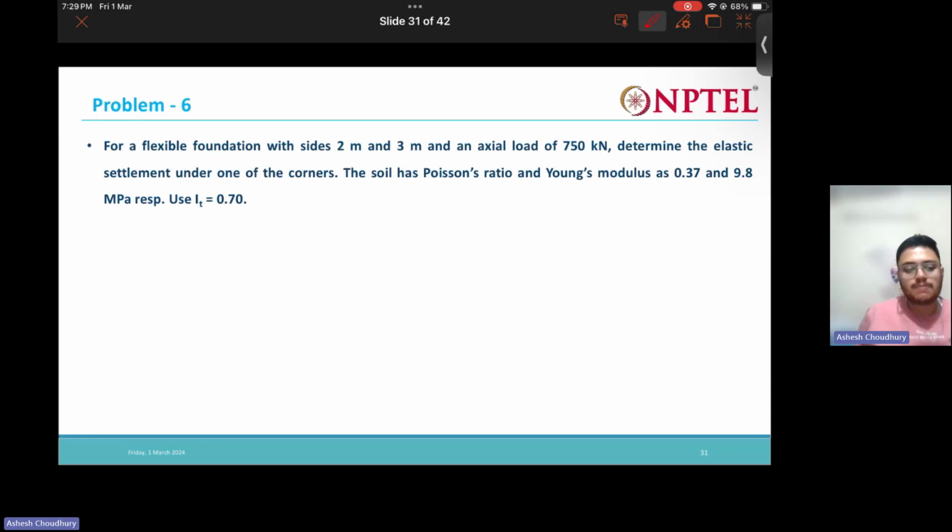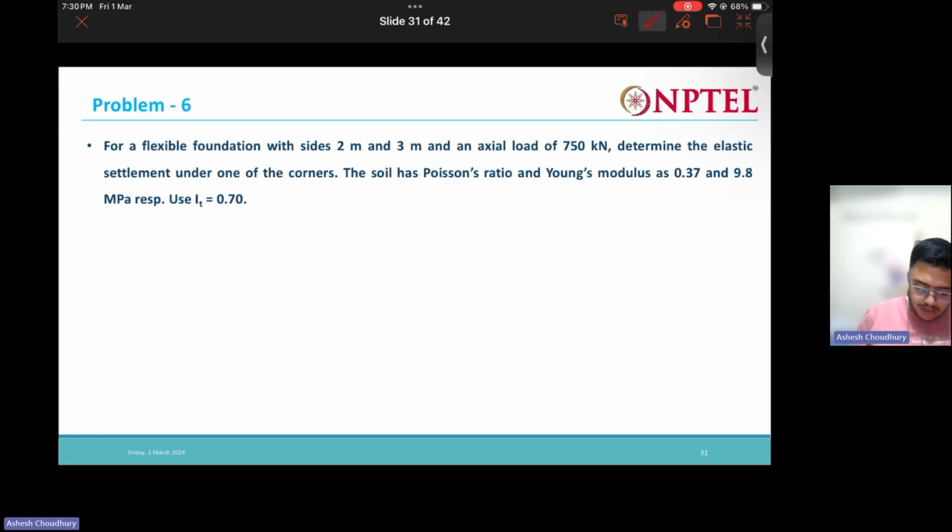This elastic settlement expression is derived from the elastic theory. The I is a factor used to say where the settlement is occurring.